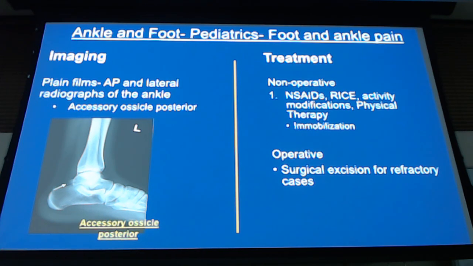Give them some NSAIDs, because it is a musculoskeletal injury and those respond very well to NSAIDs. Always stop the offending activity. Sometimes physical therapy may or may not help, but it's a bony, anatomic structure. Even though PT might help with strengthening, in a lot of cases, when all of that fails, then you refer them for specialty care.